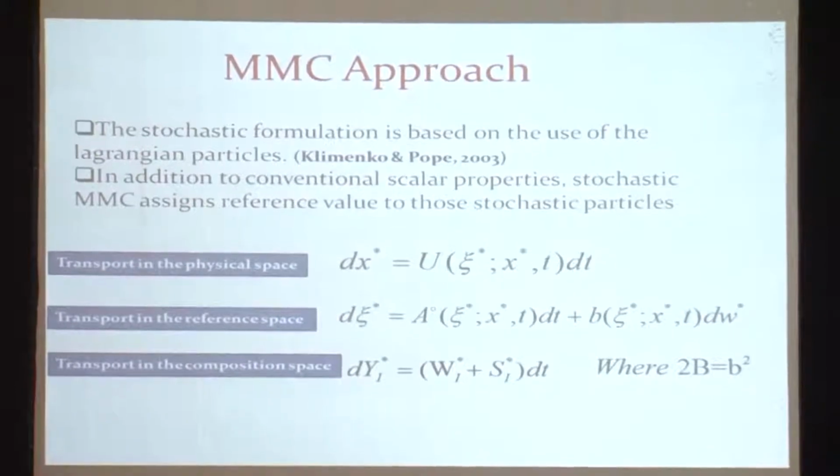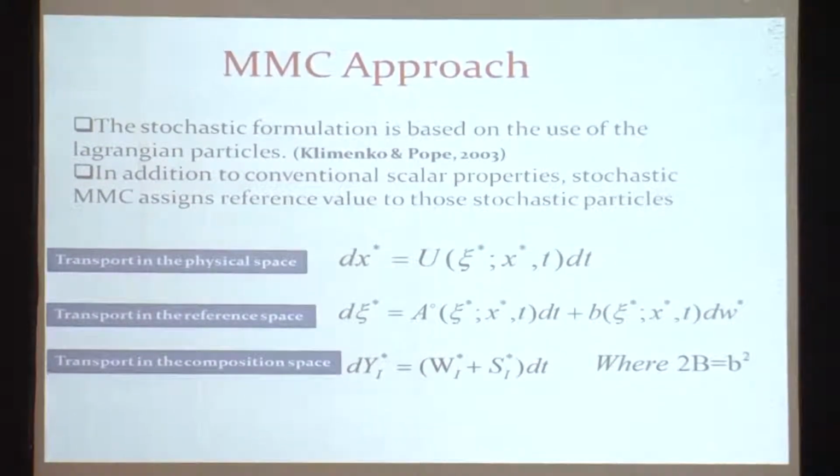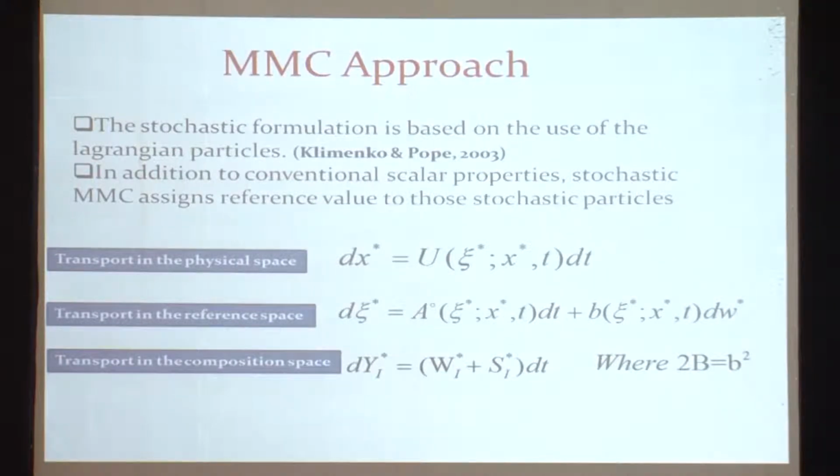The equations for the MMC approach are basically similar to those of the Lagrangian PDF method. In addition to the transport in the physical space and the composition space, there is another extra term, that is transport in the reference space, d xi. Here the star refers to the stochastic particles.